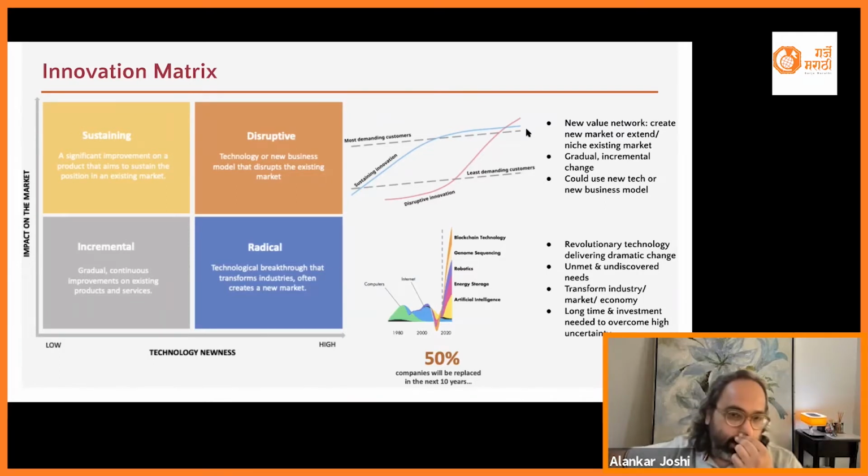And obviously the ultimate form is where completely new markets get created because there is a new technology driving that change. Things that were not even possible, that we couldn't even imagine in the past, but new technology has driven it.